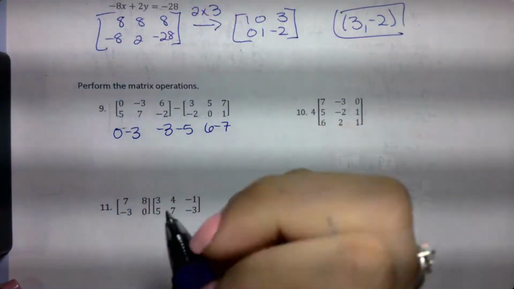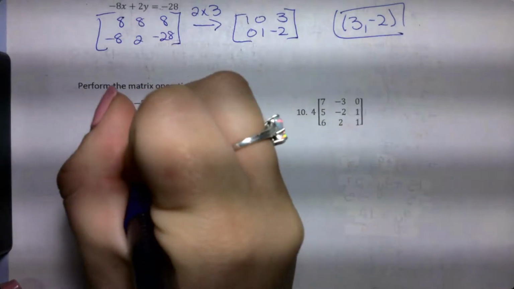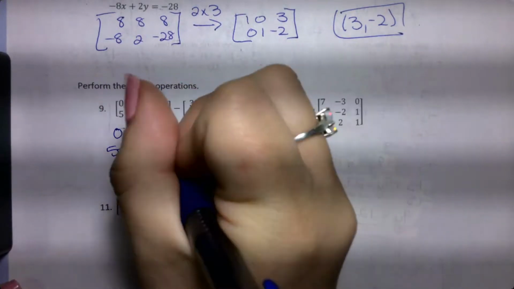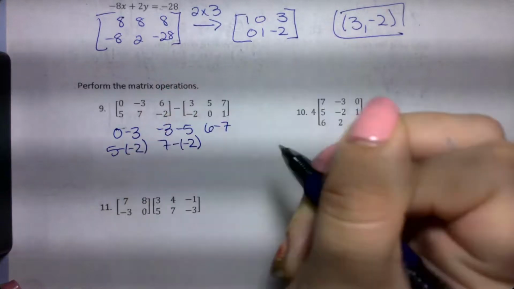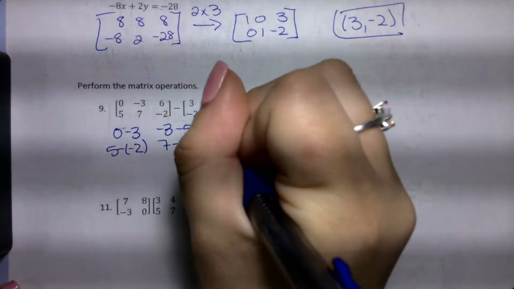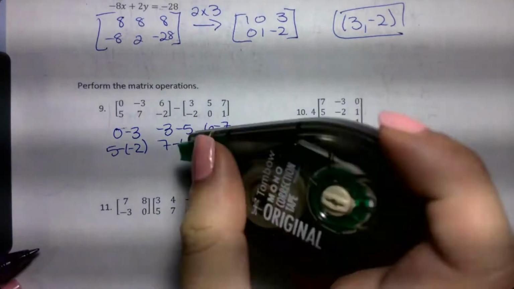My second row, first column is 5 minus negative 2. My second row, second column is 7 minus negative 2. And my second row, third column is negative 2. Ooh, that last point actually should have been a 0.